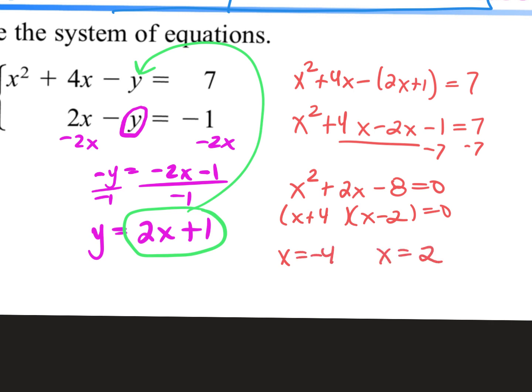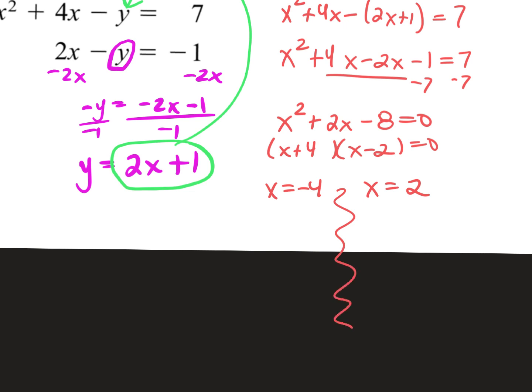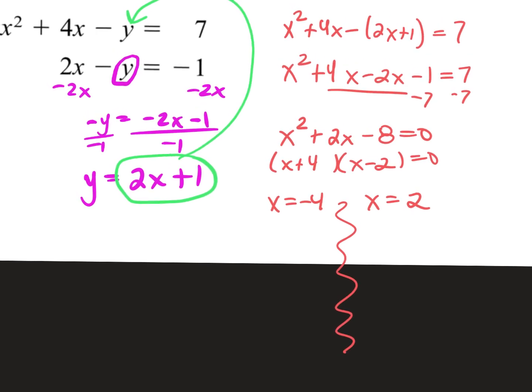So when you set each of those parentheses equal to 0, you get x equals negative 4 and x equals positive 2. So in this case, I came out with two x values, which means I now have to substitute back in and find the two what? Y values. Okay, good. Now again, you can go back to either original equation. I like to do the least amount of work possible. So I'm going to substitute into 2x minus y to find out what my y value is.